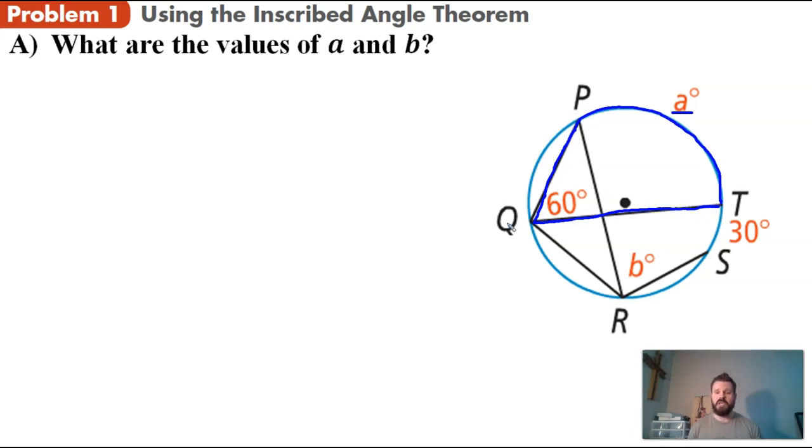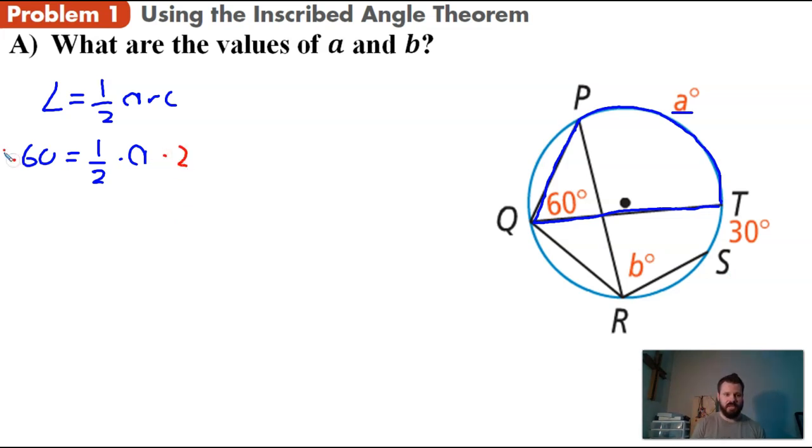So we could say that angle PQT intercepts arc A. Now the theorem says the angle is equal to half the arc. So filling in what we know, the angle is 60, equals 1/2 times the arc, which we don't know, A. I have a simple equation I can solve for A if I multiply both sides by 2 to get rid of my fraction. That leaves me with A equal to 120 degrees.